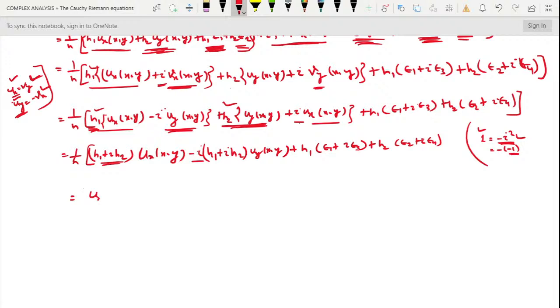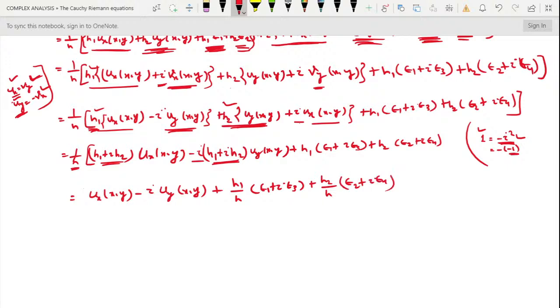Similarly, minus i, and h1 plus i s2 is your h, so h by h will be 1, so this will be i times uy at xy, then h1 by h times epsilon 1 plus i epsilon 3, then plus s2 divided by h times epsilon 2 plus epsilon 4.